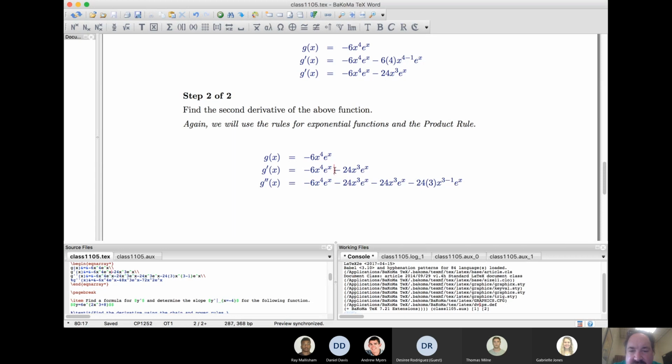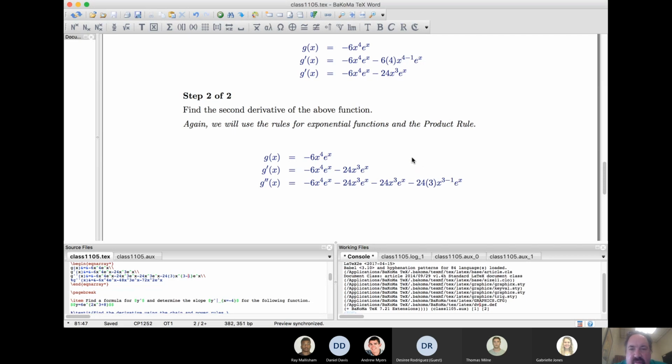What's left is taking the derivative of this part, and the idea is the same: we have 24x cubed times the derivative of e to the x, which is itself, and then plus the derivative of minus 24x cubed, which is done using the power rule, and then times e to the x.